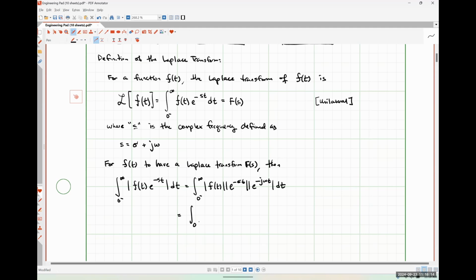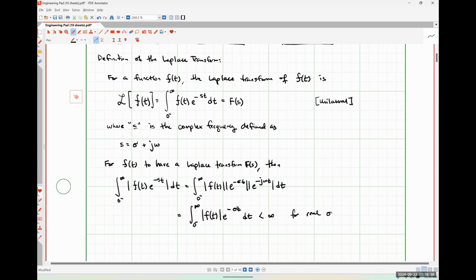And all of this looks like the integral from 0 minus to infinity of the magnitude of f of t e to the negative sigma t dt must be less than infinity for real sigma. That looks even less like a sigma, sorry about that.